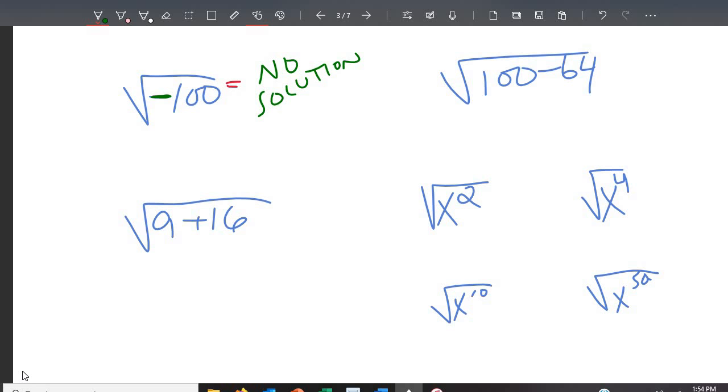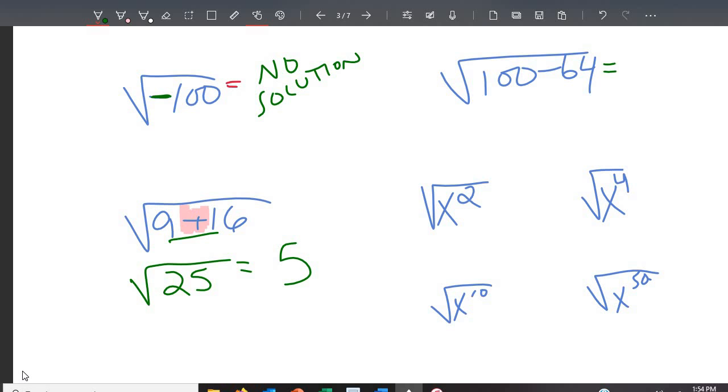Now, sometimes you're going to have operations underneath the square root. We cannot have pluses or minuses under a square root. So what you have to do is you first add the numbers underneath the root symbol. Then you take the square root.